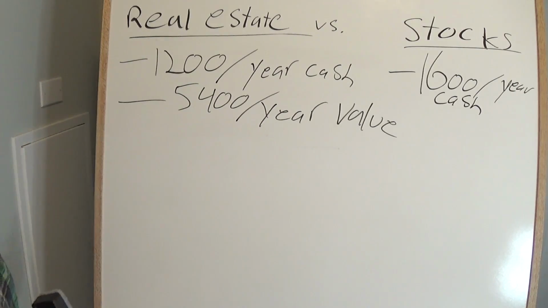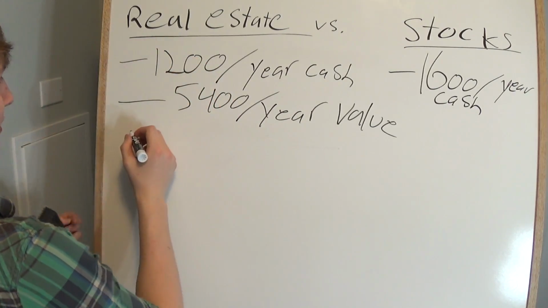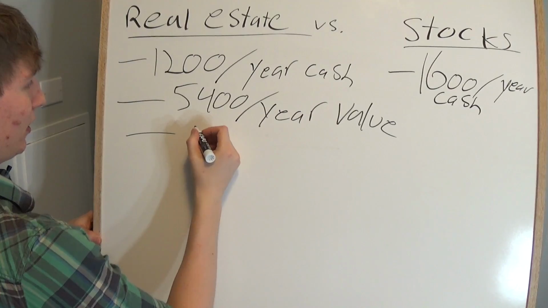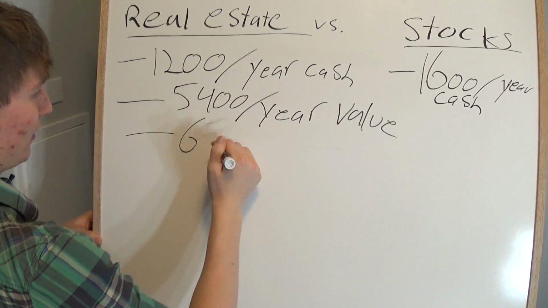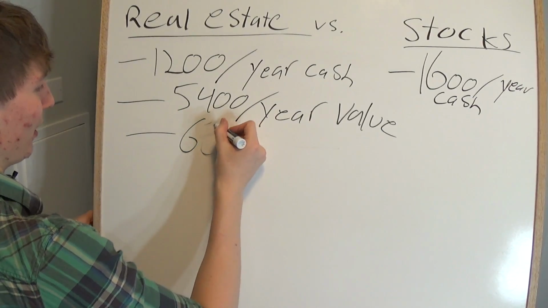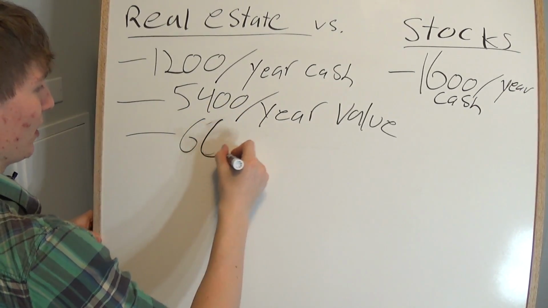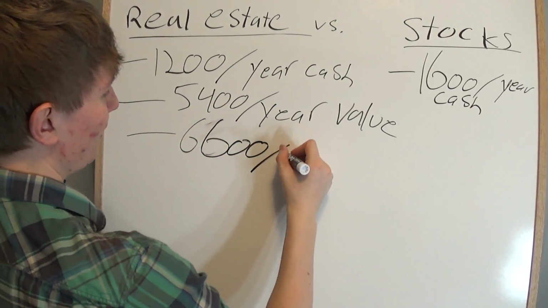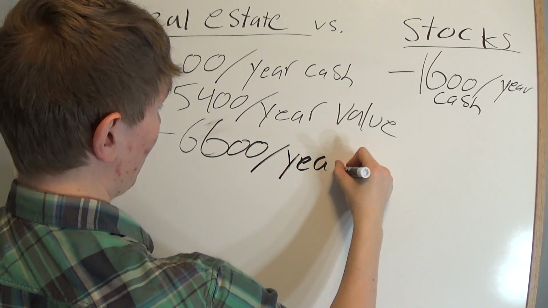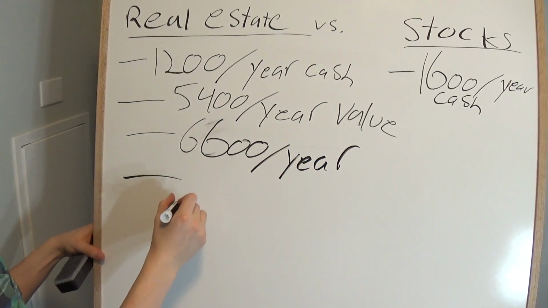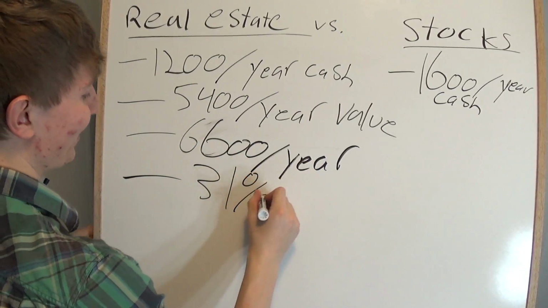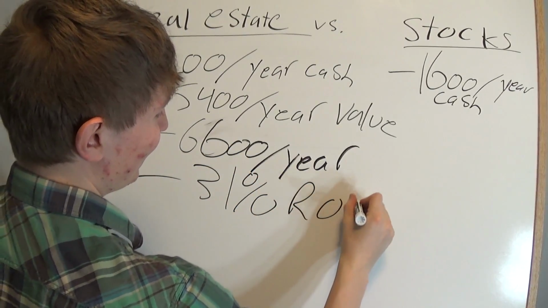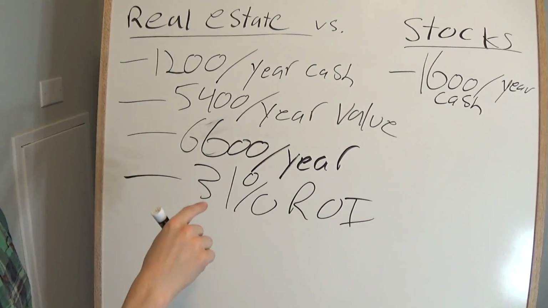So, doing some math here, this number adds up to, what is it, $6,600. I might have messed up my math on my last part there. Ooh, this marker's running out. So we'll just say $6,600 a year. That would theoretically equal a 31% return, remember, this is including the mortgage value.